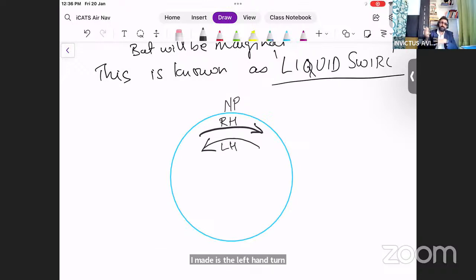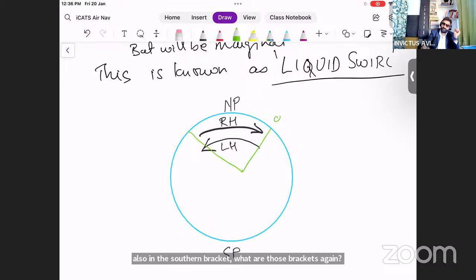Turning through south, how would it look? This is my south pole. Turning through south, I imagine what my heading is first. If my heading is also in the southern bracket, what are those brackets again? These are the brackets we have studied: 045, 315, and the other bracket is 135, 225.